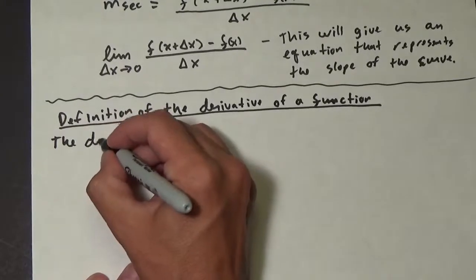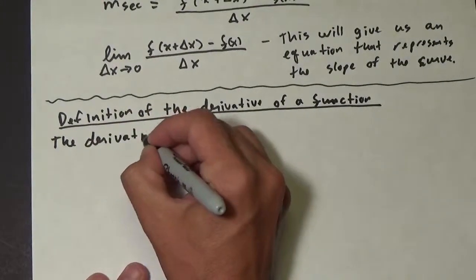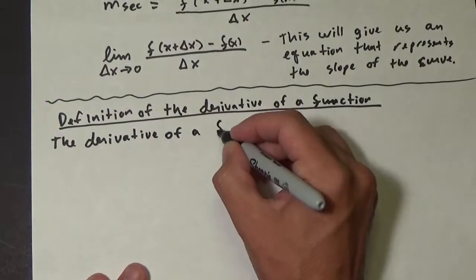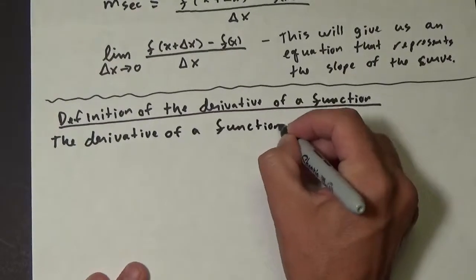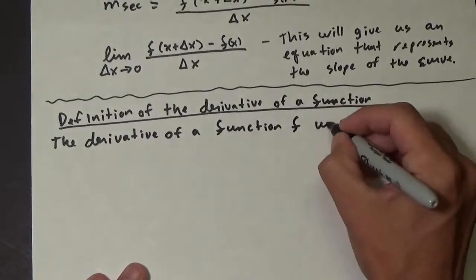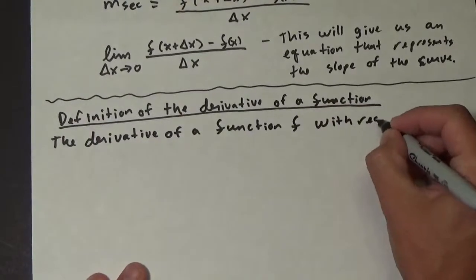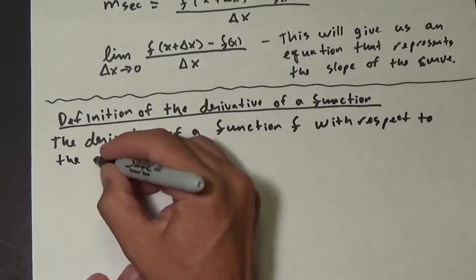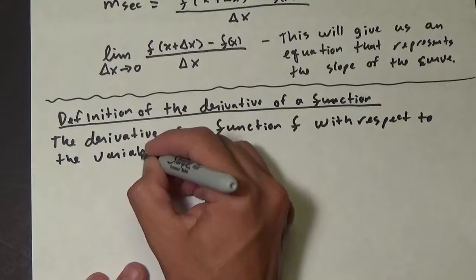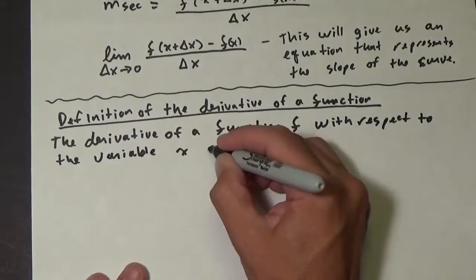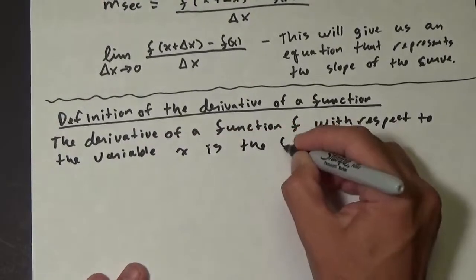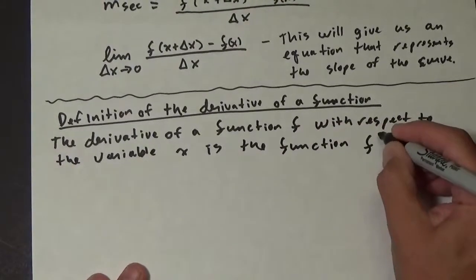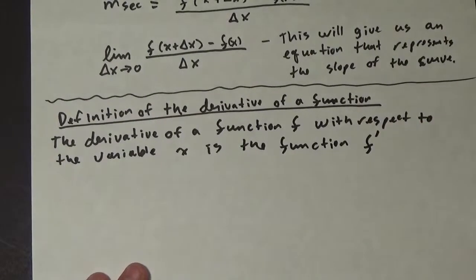The derivative of a function f with respect to the variable x is the function f prime, so that's new notation.